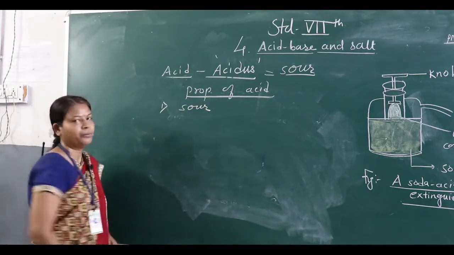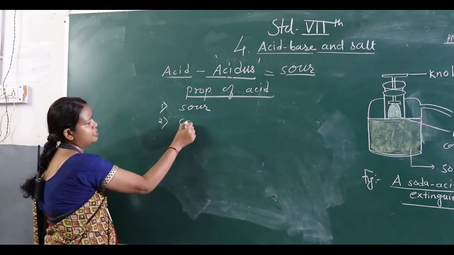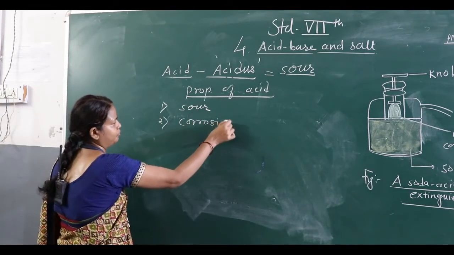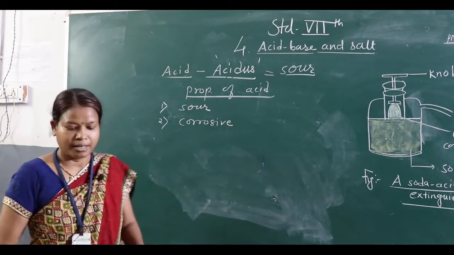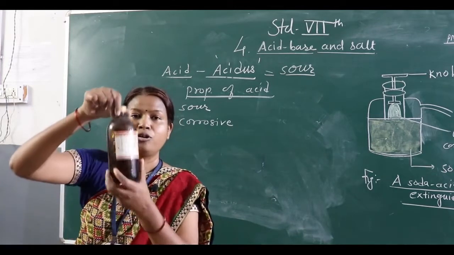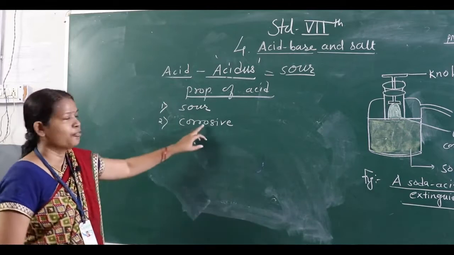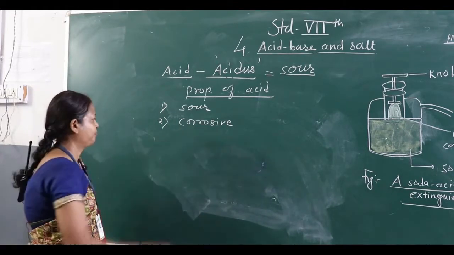So the first property is that it is sour in taste. Second, it is very corrosive. Acids like sulfuric acid and hydrochloric acid are very strong, and very corrosive in nature.